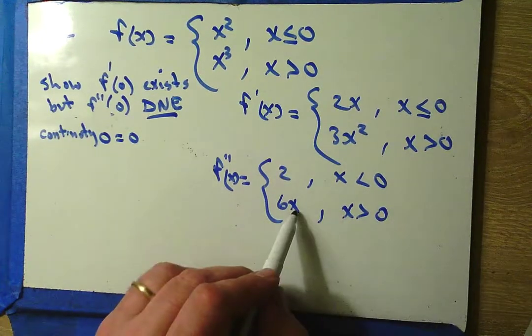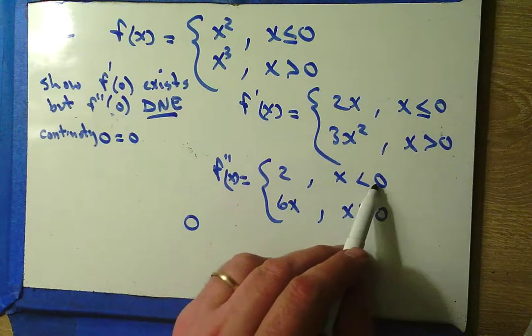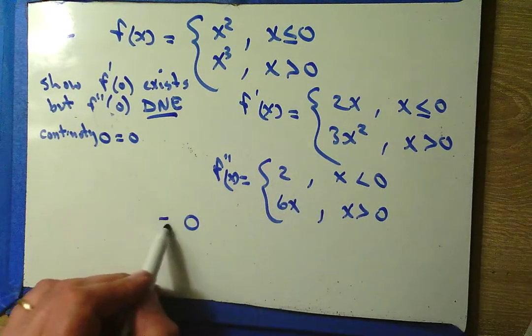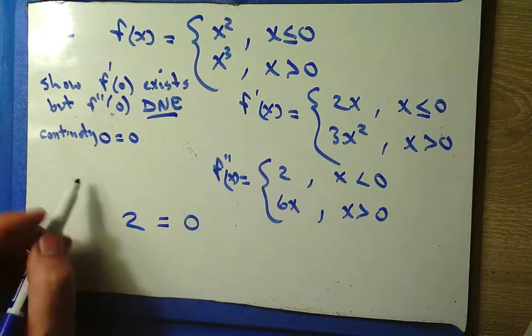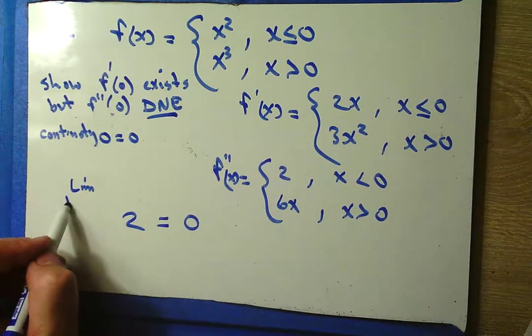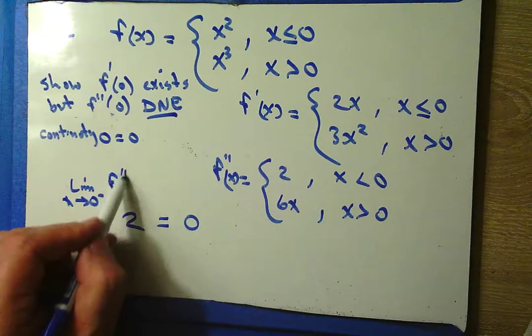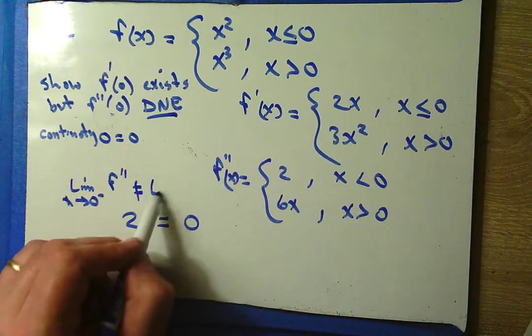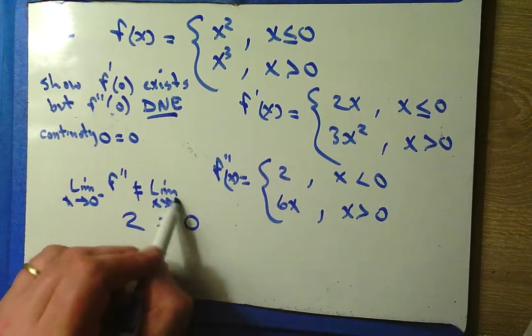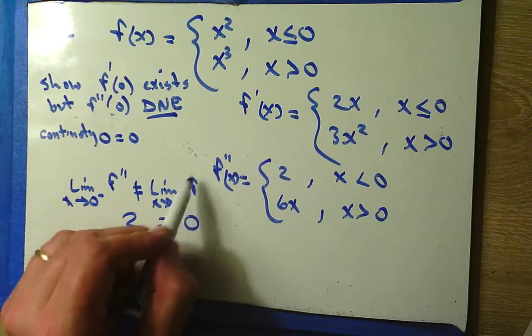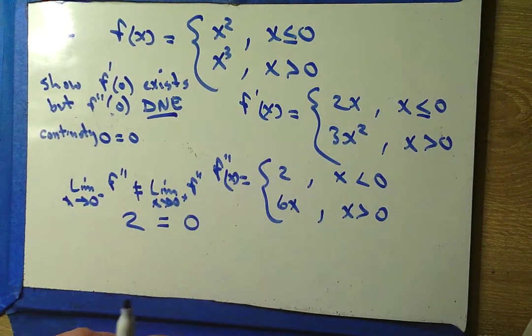Well, if I plug a 0 in here, I get 0. If I plug a 0, oh, there is no place to plug in a 0. I get 2. So we know that the limit as x approaches 0 from the negative side of f double prime does not equal the limit as x approaches 0 from the positive side of f double prime. Okie doke. Well, happy learning.